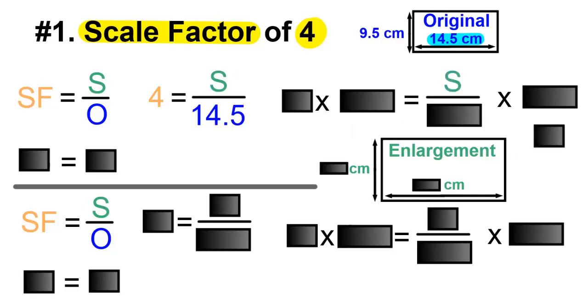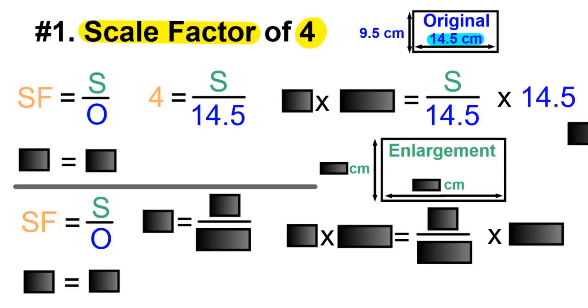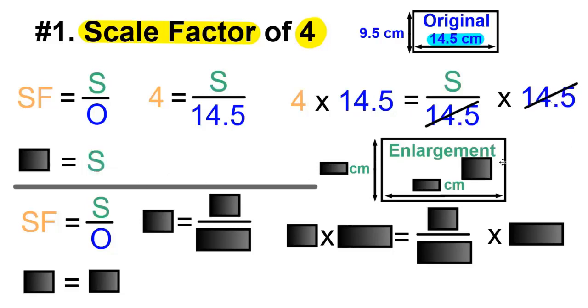We have to isolate the s, so we'll multiply the right-hand side by 14.5, and we have to multiply the left-hand side by 14.5 as well. Divide by 14.5 and multiply by 14.5 will cancel, leaving us with s, and 4 times 14.5 gives us 58. So the enlargement of the large side of the rectangular box will be 58 centimeters.